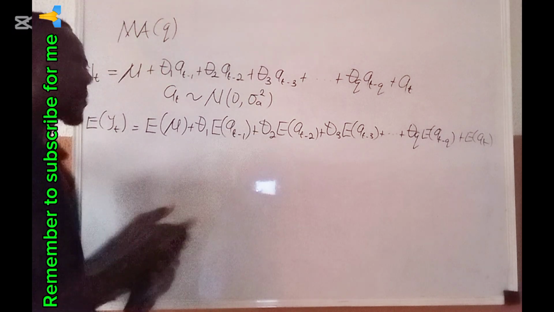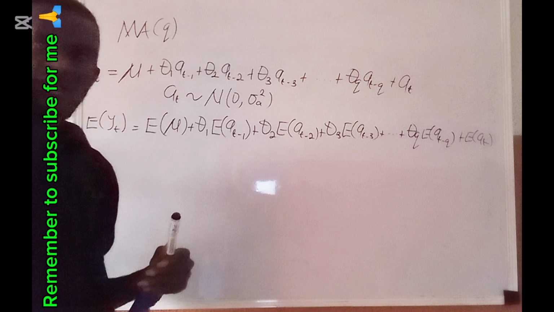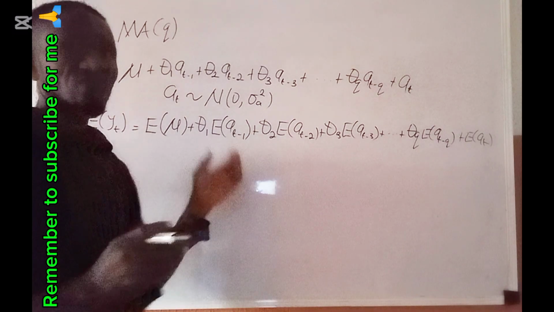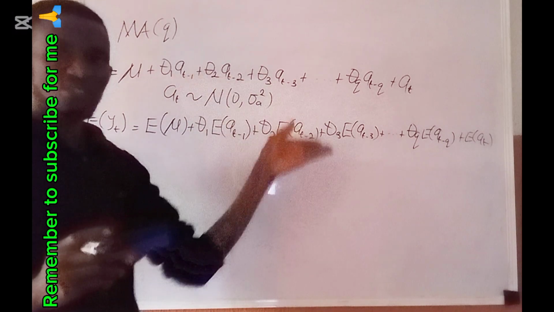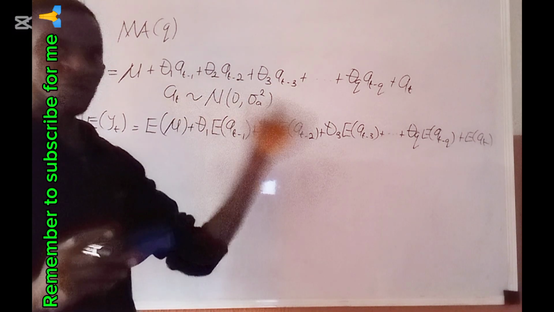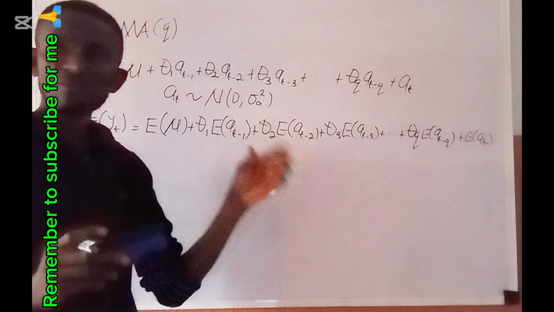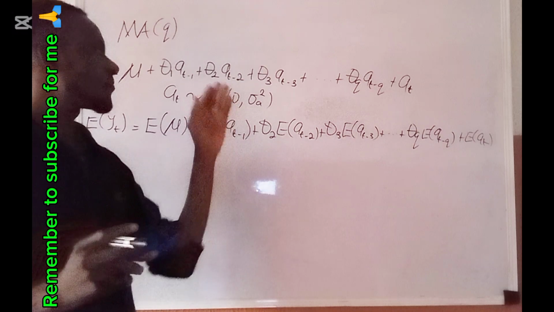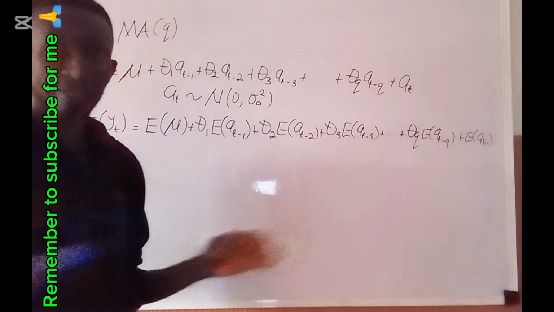This is what we are going to have when you take the expectation of the MA of order Q. And then, of course, we should know that given that this is a stationary model, the mean, the variance, and the autocovariance of the model are constant over time.